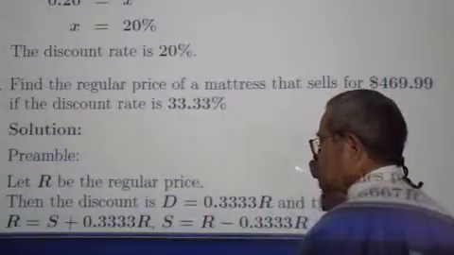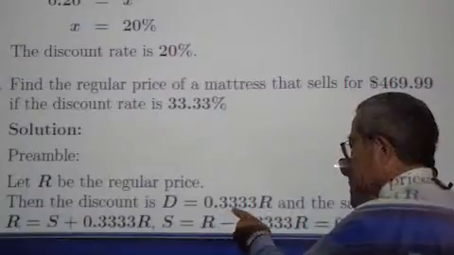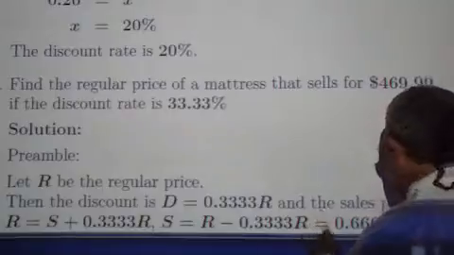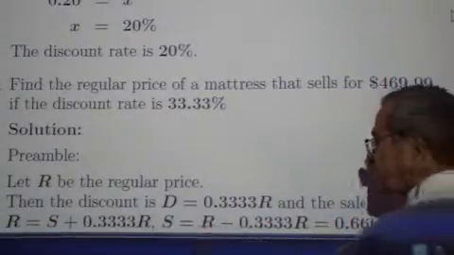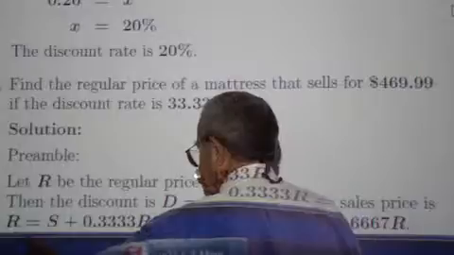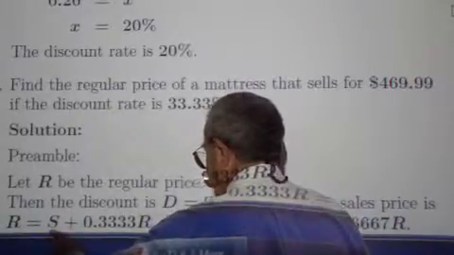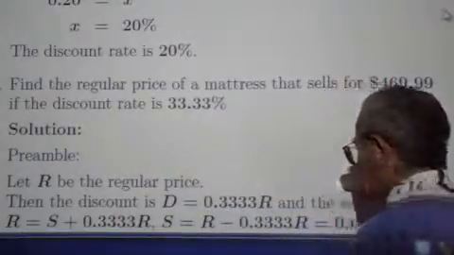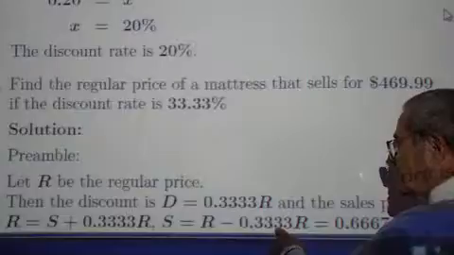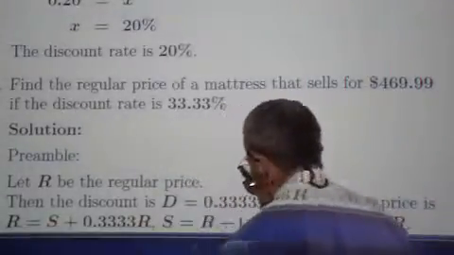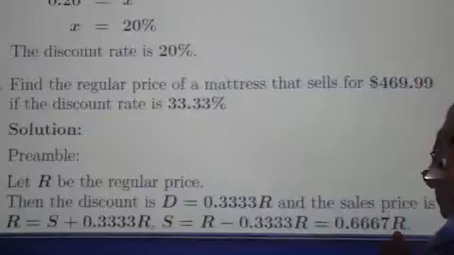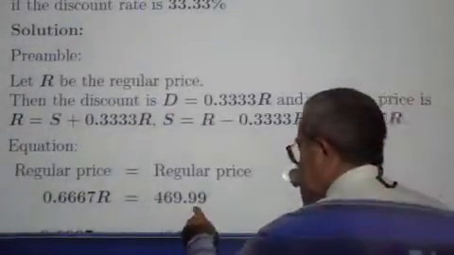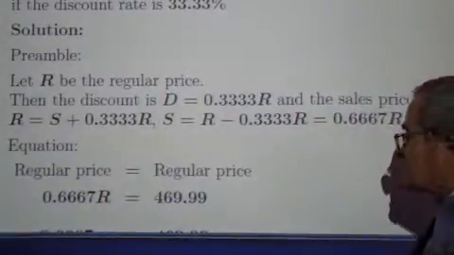Let R be the regular price, then the discount is 0.3333 after you convert this to a decimal, times R. The regular price is the sales price plus what you marked it down, so that's 0.3333 of R. So R minus 0.33 of R, you subtract this from both sides, gives you 0.6667 of the regular price. And that was supposed to be $469.99.